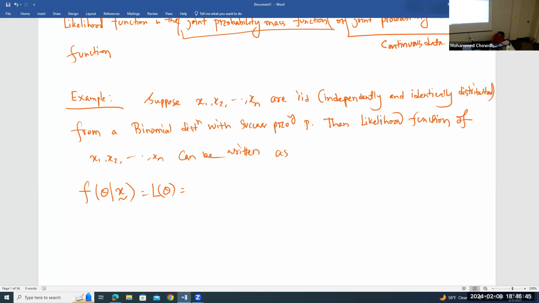It is written as probability of x equal to x1 times probability of x equal to x2 times probability of x equal to suppose xn. This is the multiplication, okay?